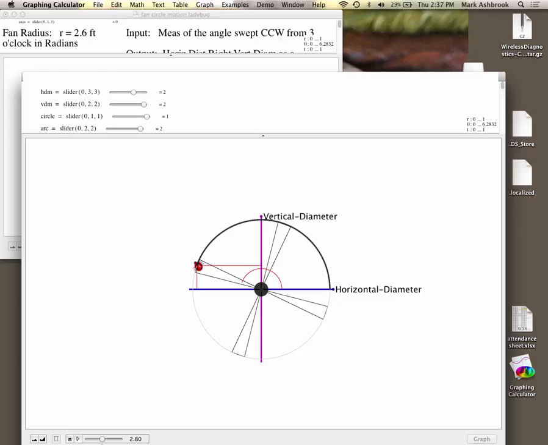What would you guess here? What fraction of the radius is the bug above the horizontal diameter? What would you say? 0.3. Agree with that? What do you think of it as an estimate? 0.3.